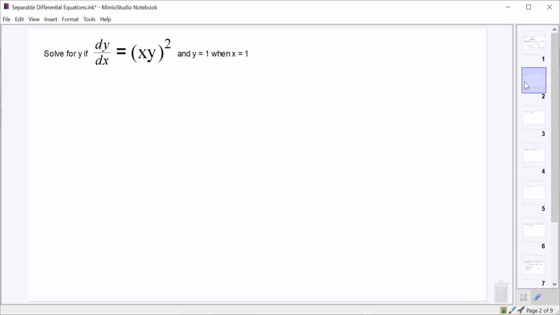So what do you guys think we should do first? Distribute the squared. All right, so let's rewrite this as dy/dx equals x squared y squared. And then what should we do?